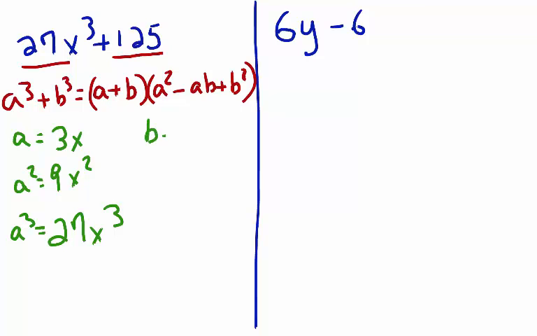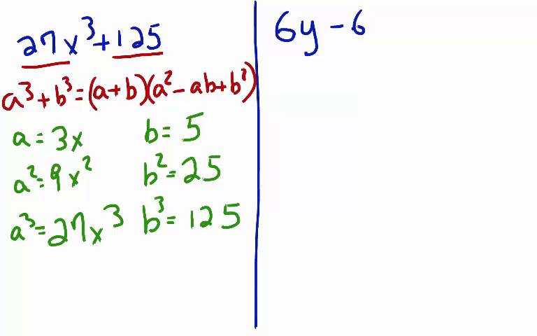And if I take a look at my b terms, b cubed is 125. The cube root of 125 is 5, so I plug that in for b. And b squared is 5 times 5, which equals 25. Now I have the values I need to plug into the formula.